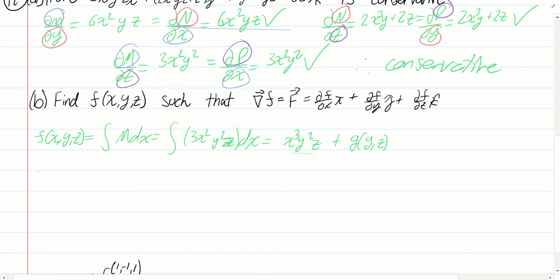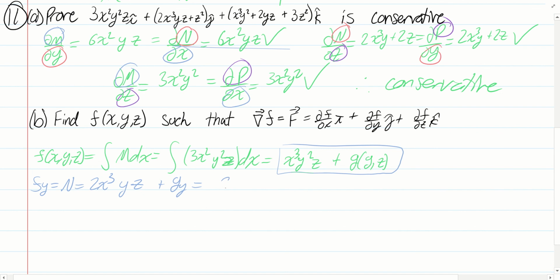So now I want to take the same thing I just did here. I want to solve for fy, which equals n, which then equals the partial derivative of, again, I'm doing it with this. So it's going to be 2x cubed yz plus g_y. Set that equal to n. So n equals 2x cubed yz plus z squared.